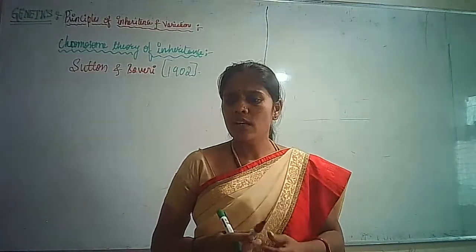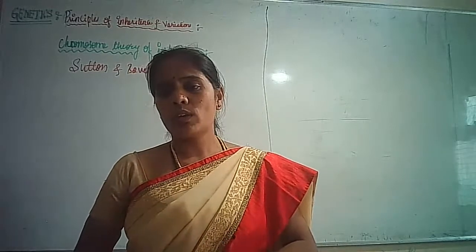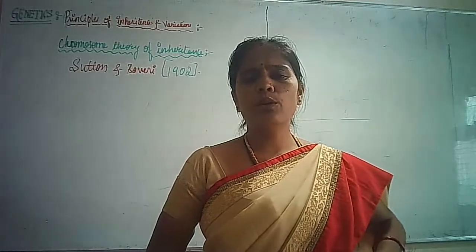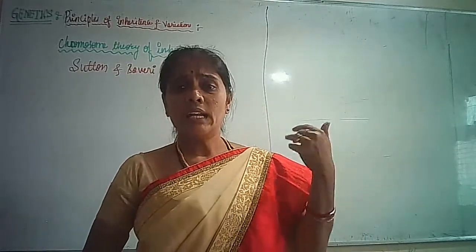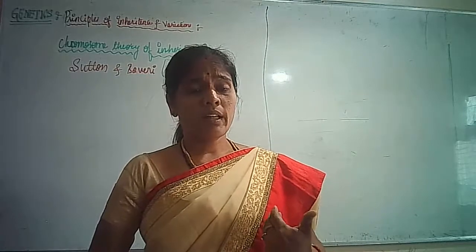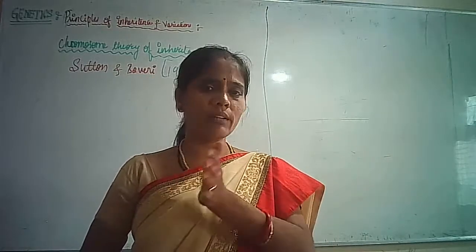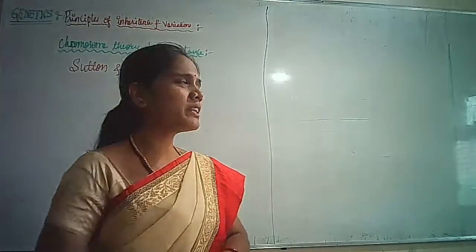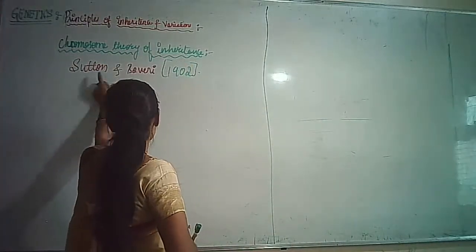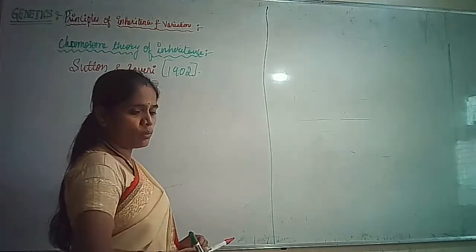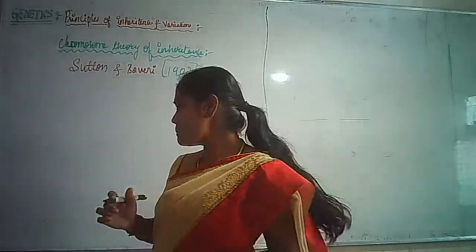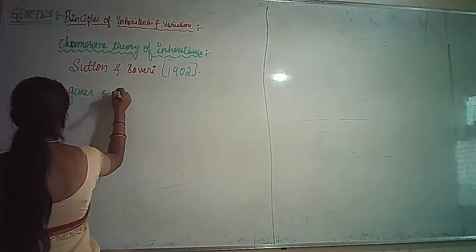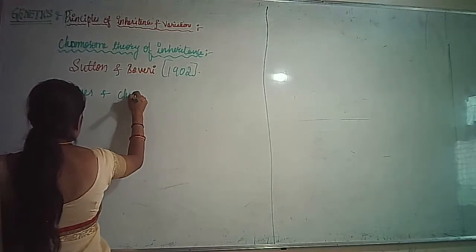So many scientists worked once again on whatever Mendel said, not only Hugo de Vries, Sutton, Boveri, but also T.H. Morgan. Everybody went through the work done by Mendel once again. Especially these two persons, Sutton and Boveri, said there is a parallel relationship between the genes and the chromosomes.